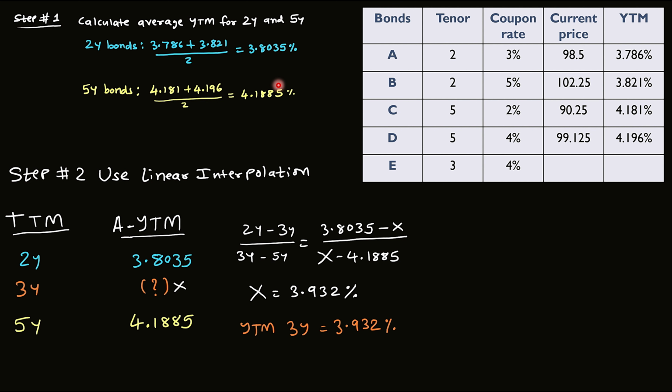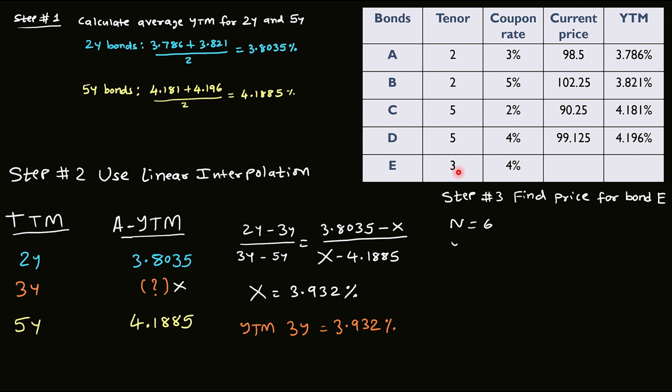Okay. Now, once we have yield to maturity for our bond E, we can go ahead and find the price, which is step number 3: find the price for bond E. We know that N equals 6 because our bond has 3 years to maturity and it's a semi-annual bond.